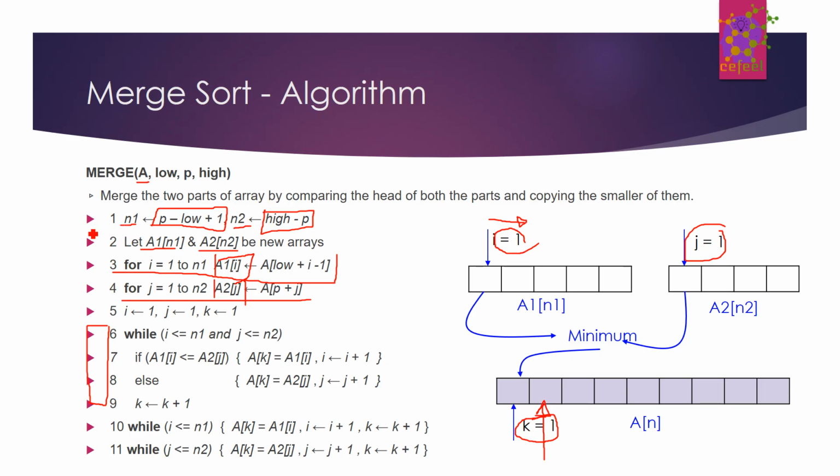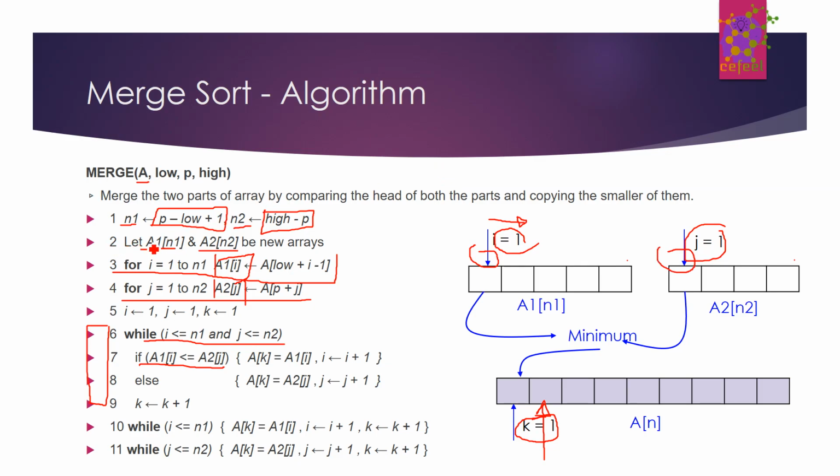So we keep doing this while i is less than n1 and j is less than n2. It means till both these arrays have some elements. So i hasn't reached n1 and j hasn't reached n2, which means there are elements to be compared in both the arrays. What we do is we compare A1[i] with A2[j], which means the head of the element pointed to by i and the head of the element pointed to by j, and we see which one is minimum.